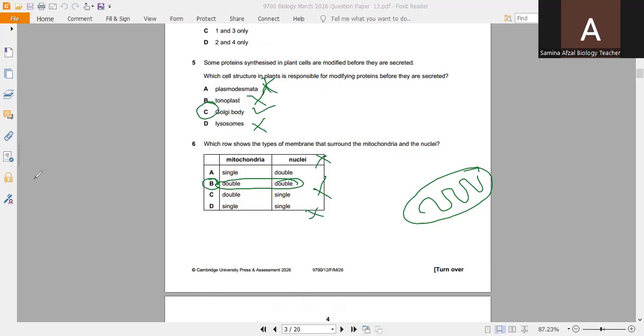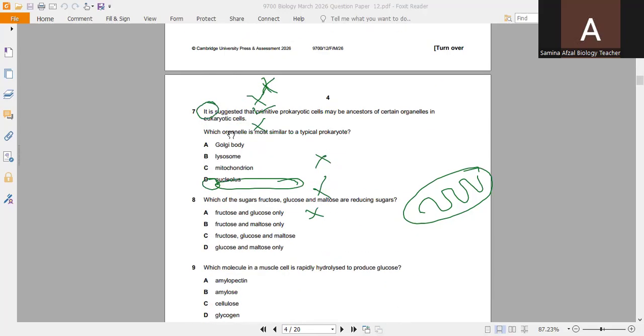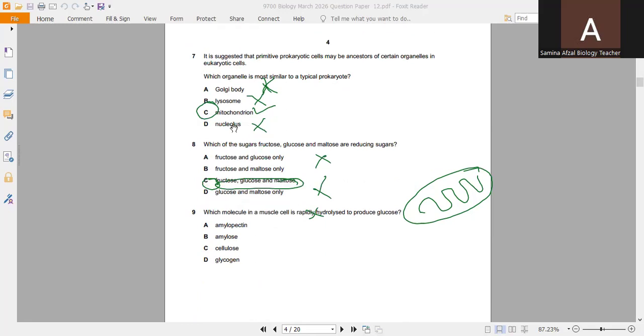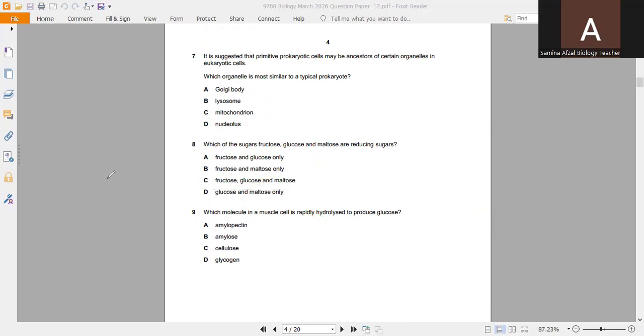Now question number 7. It is suggested that primitive prokaryotic cells may be ancestors of certain organelles in eukaryotic cells.